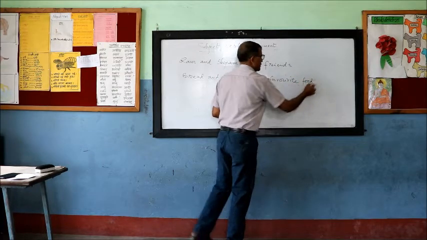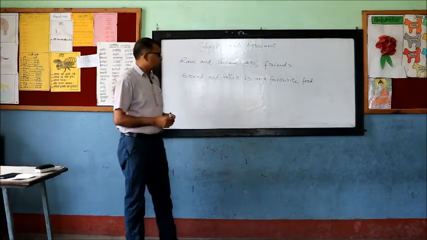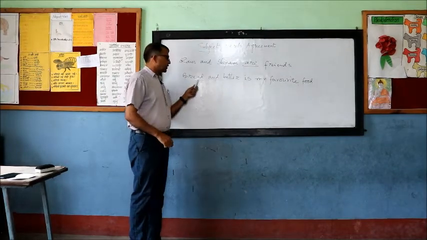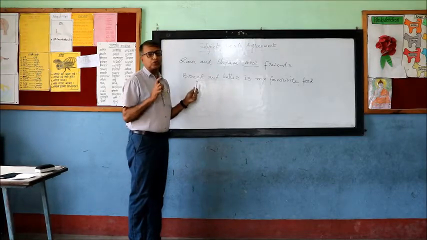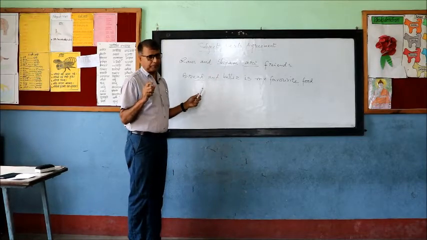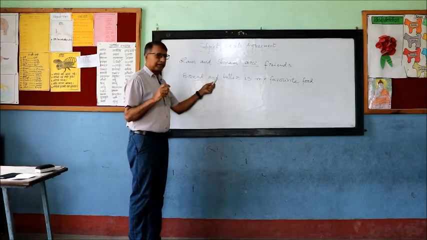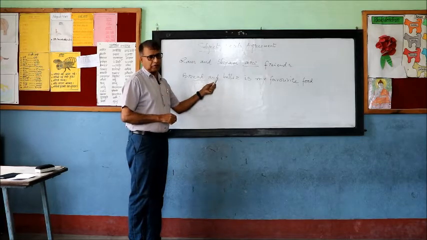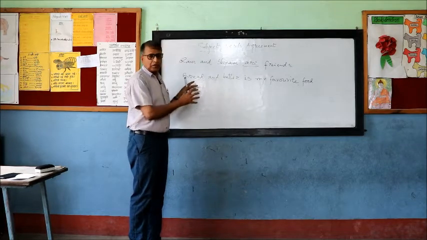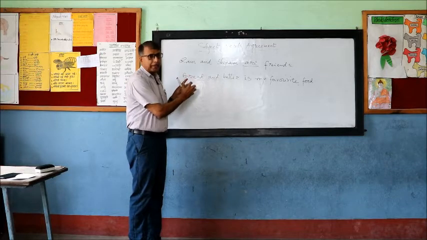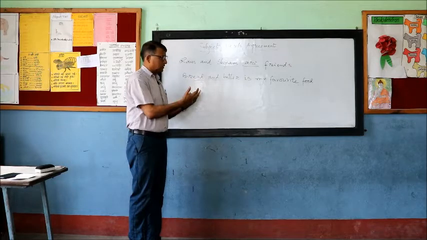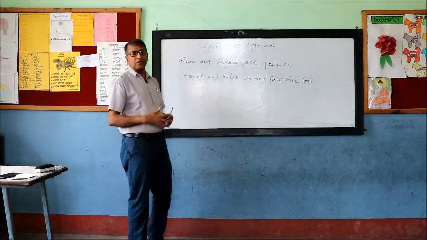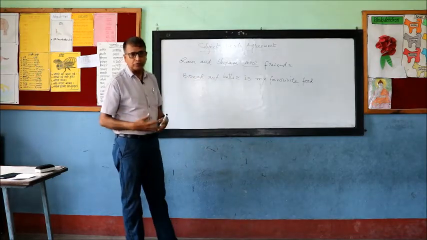So here, bread and butter, they are two singular subjects and they are joined by and, but they are taken as one. Only bread is not a food, only butter is not a food.